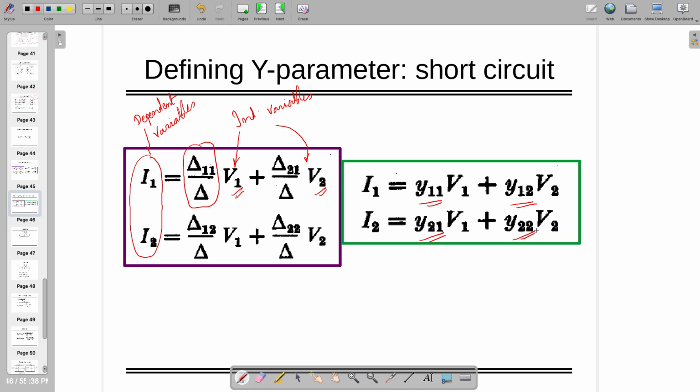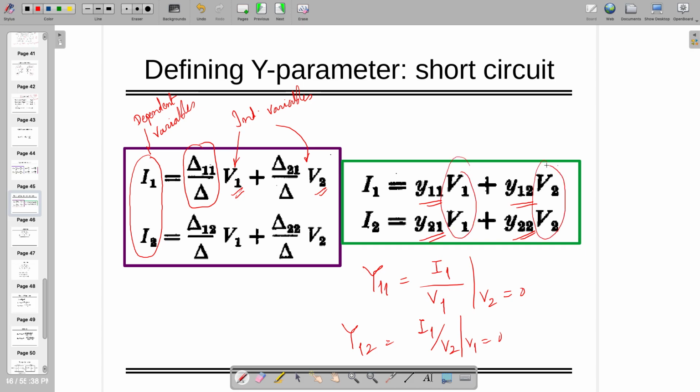Okay, when you are doing this, Y11 is nothing but I1 divided by V1 when V2 equals 0. Y12 is equal to I1 divided by V2 when V1 equals 0, and you can write down Y21 and Y22 while keeping V1 or V2 as 0. When you are keeping voltages 0, you need to short circuit them.